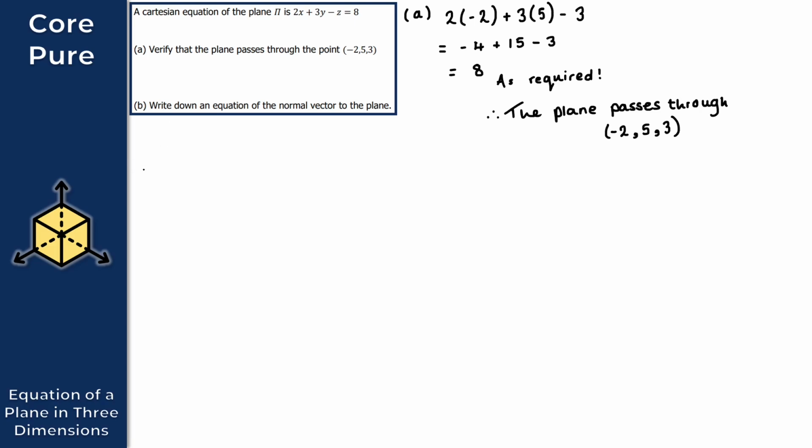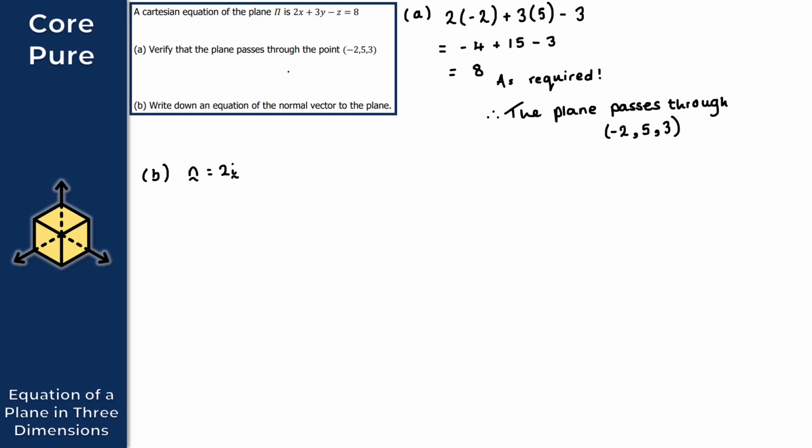Now for part B, it says write down an equation of the normal vector to the plane. So n here would be the equation of the normal vector to the plane. This is nice and straightforward, right? To obtain the equation of the normal vector to the plane, we simply use the coefficients of x, y, and z. So in that case, what we get here is 2i.